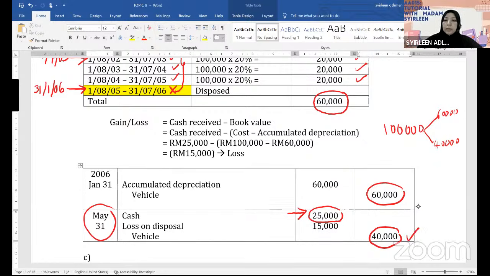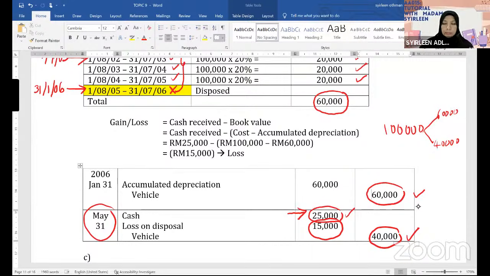Okay, I receive 25,000 of compensation. Still, saya dapat loss on disposal 15,000. So journal kita ada dua tarikh berbeza. So yang ni just to close your accumulated depreciation. This is special case lah.